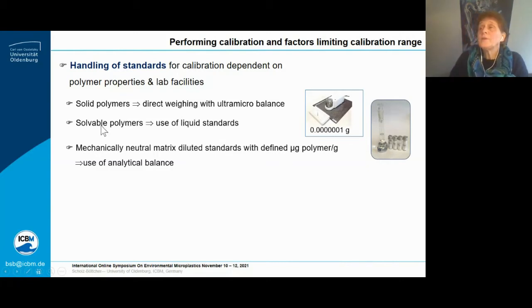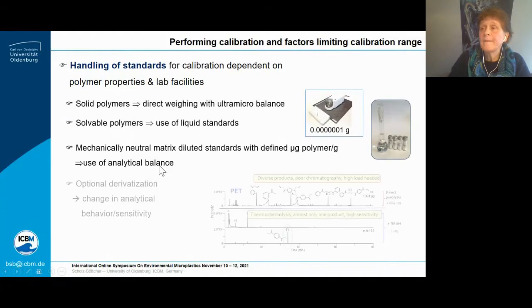There are some polymers which are soluble, and that's the dream of every analytical person, because then we have a good opportunity to make dilution series and go very low with our calibration curves. A third opportunity is mechanically neutral dilution, using a neutral matrix to dilute standards and get defined polymer standards, which also enables the use of an analytical balance.